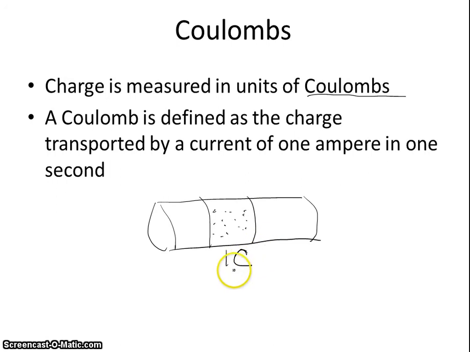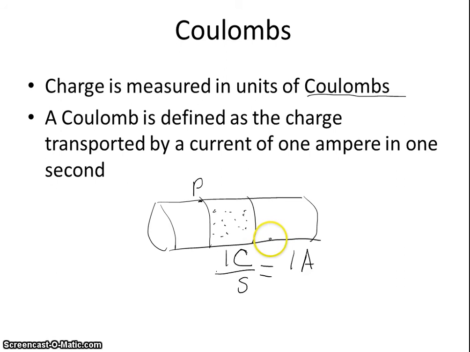That means that if this 1 coulomb of charge flows through this point right here, I'll call it point P on the wire, in 1 second, I would have 1 ampere of current flowing through there, and so I would say that would be 1 coulomb.